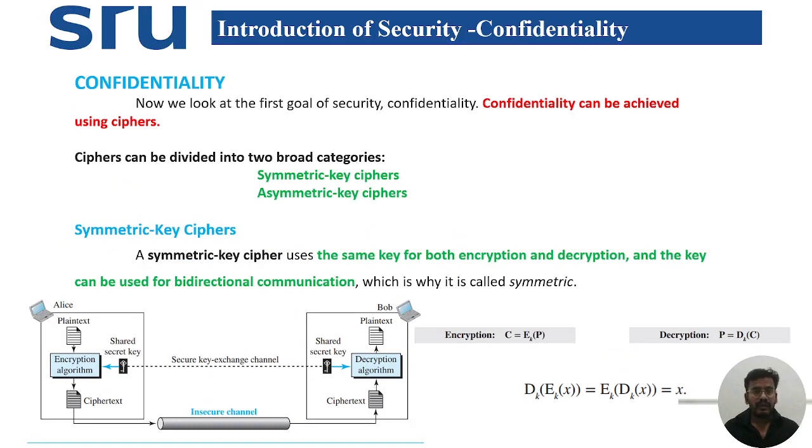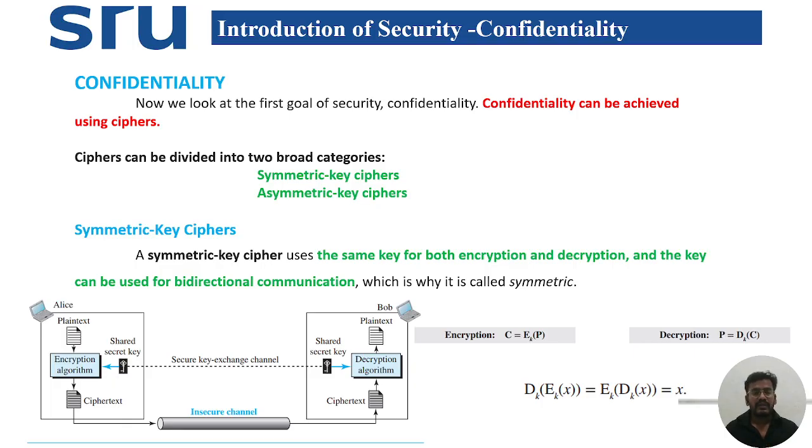So these are the major things the security systems are used for. In the introduction to security, how can we make the data confidential? Confidentiality is a goal of security, along with integrity.